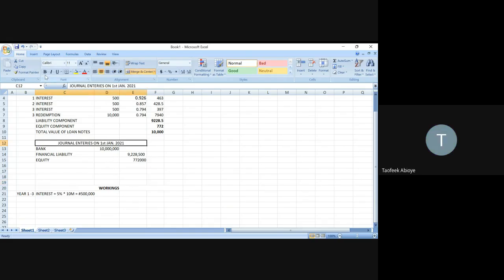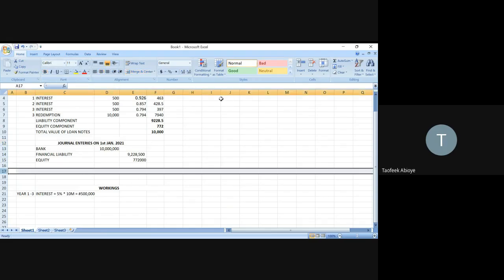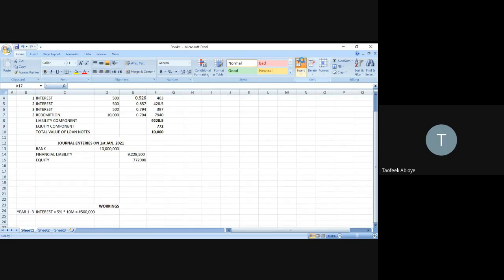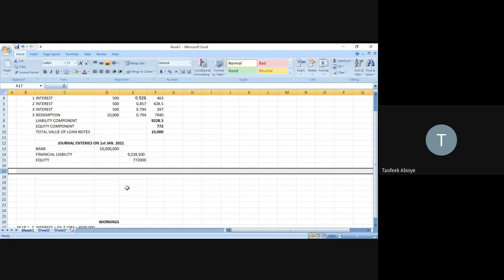On day 1, when we buy that financial asset, this is what we are going to do. So let me quickly do the subsequent measurement. That one will not be very long.